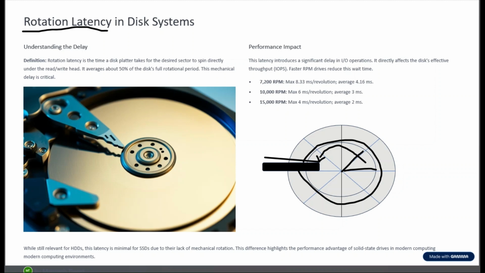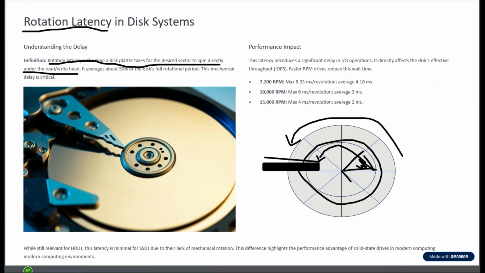Now rotational latency is the time a disk platter takes for the desired sector to spin directly under the read-write head. As I've already told you, let's say my data has been stored here somewhere. So my disk needs to be rotated directly under the head's position so that the head could perform whatever operation it must.